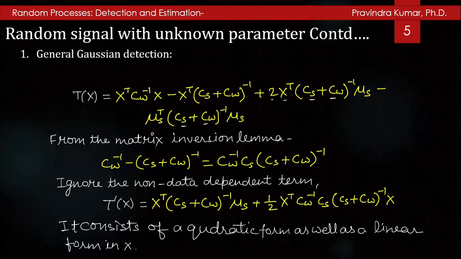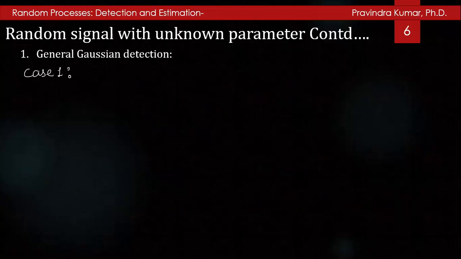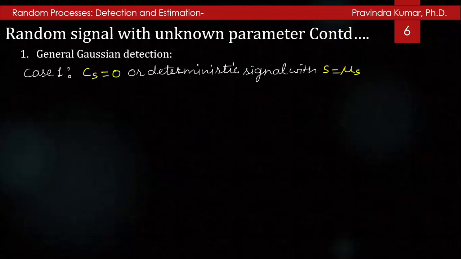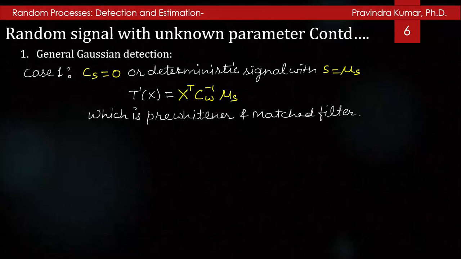Now we can have two cases. Case first: when Cs is equal to 0, or a deterministic signal with s equal to mu s with mean value mu s, then the test statistic T'(x) will be x transpose inverse of the matrix C omega mu s, which is our pre-whitener or matched filter.